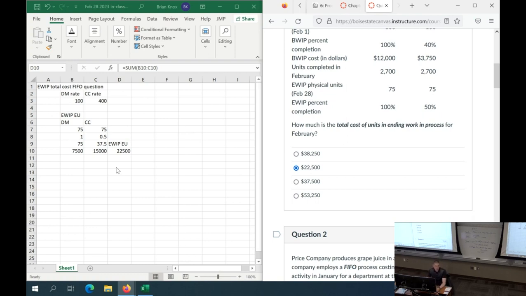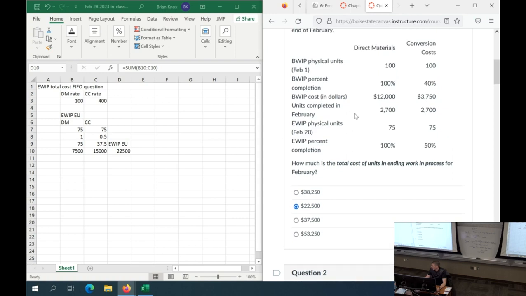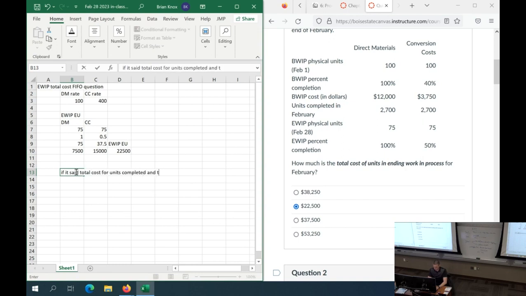It's finished goods. So what would we do for this question right here? Well, let's do that. If it said total cost for units completed and transferred out, we would figure out, first of all, our units completed minus our beginning work in process equivalent units.